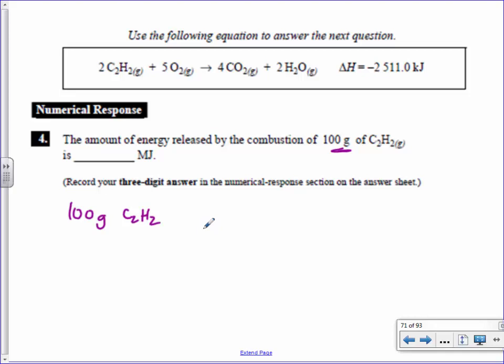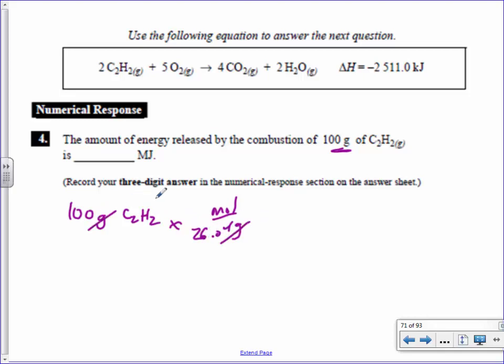We can measure grams because we have a scale, but usually we prefer to work with moles. So that's why I was pointing out, you've got to be fluent in knowing how to do a molar mass. I'm not saying you have to have the whole table memorized, but 12.01 times 2 plus 1.01 times 2, I got 26.04.